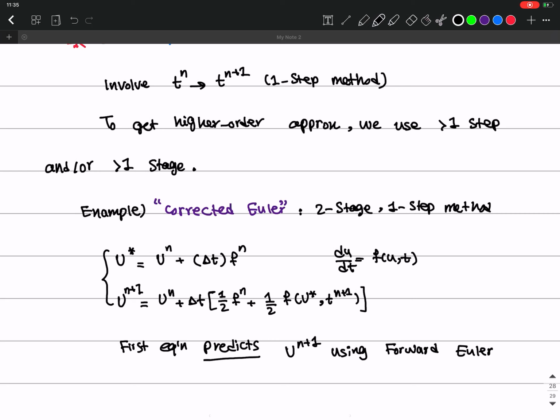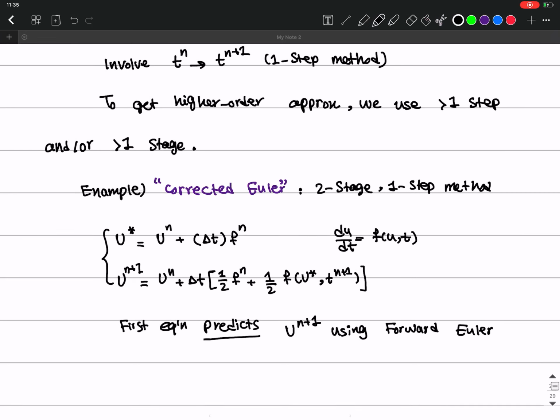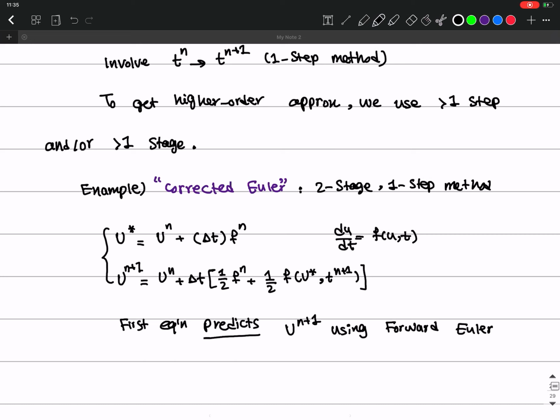And then the second equation corrects the prediction.